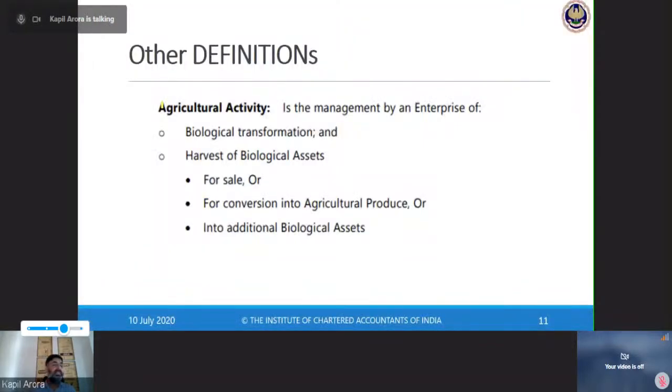So agricultural activities are activities managed by the enterprise in the transformation of the biological asset, in the biological transformation.